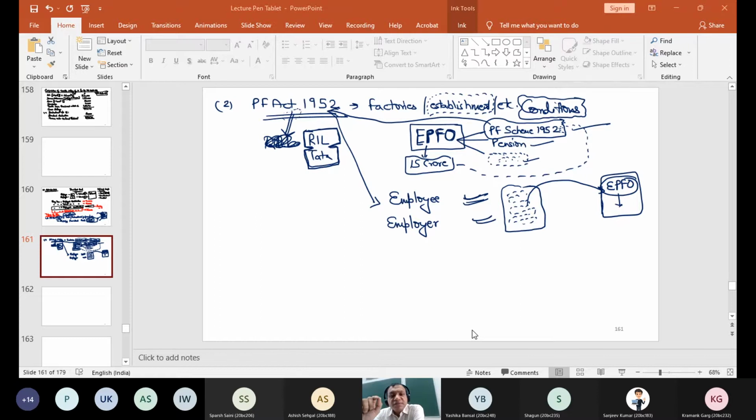In GPF, only the employee contributes; the central government does not contribute if the fund is GPF. This is the rule. In CPF, the employee contributes as well as the government. Is the point clear or not? Please raise your hand if this point is clear. I am discussing SPF.